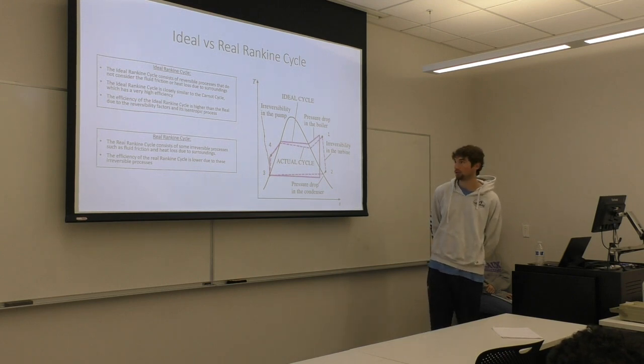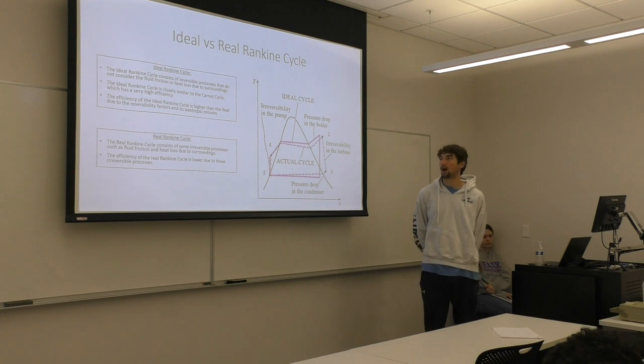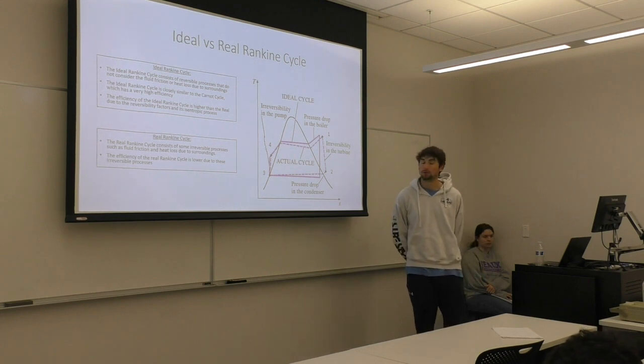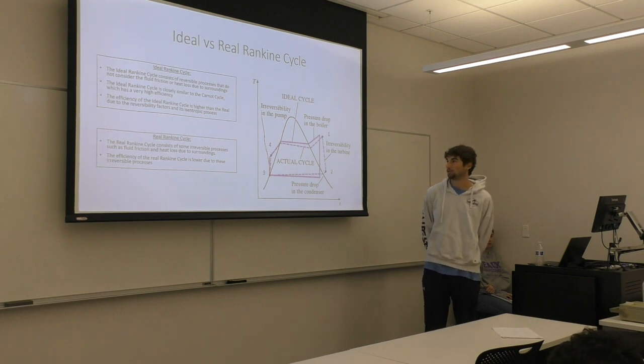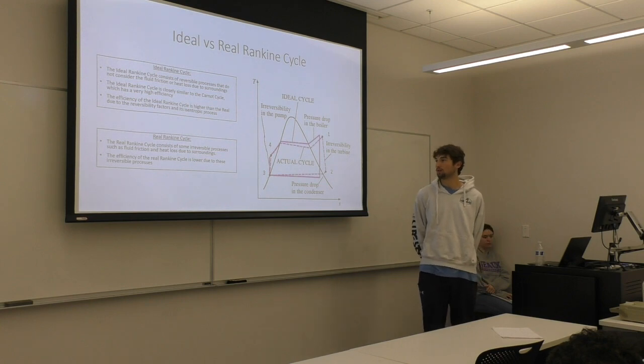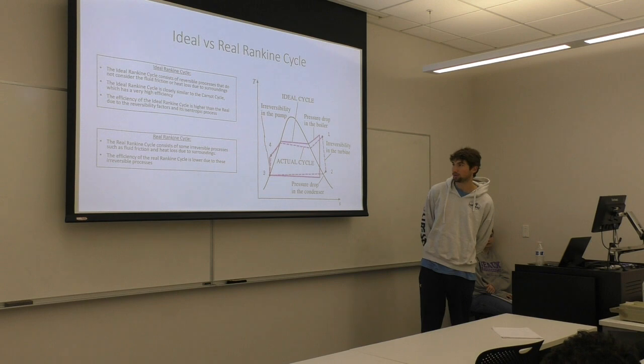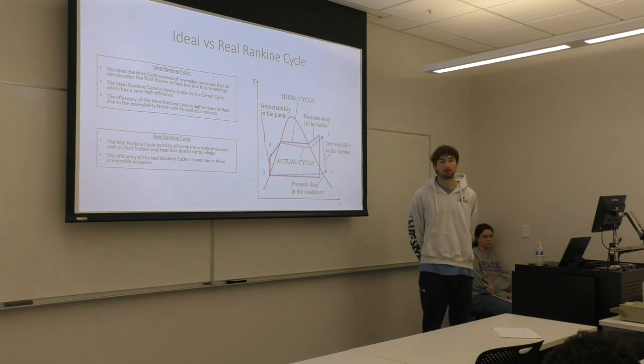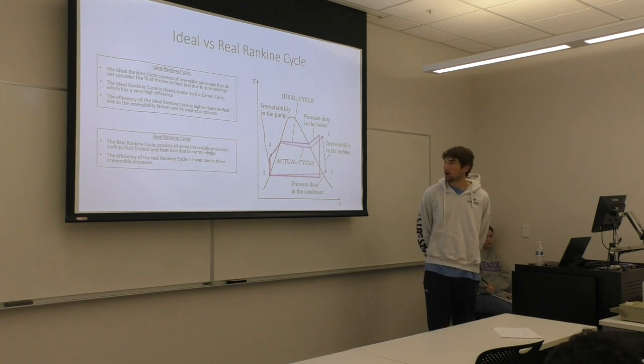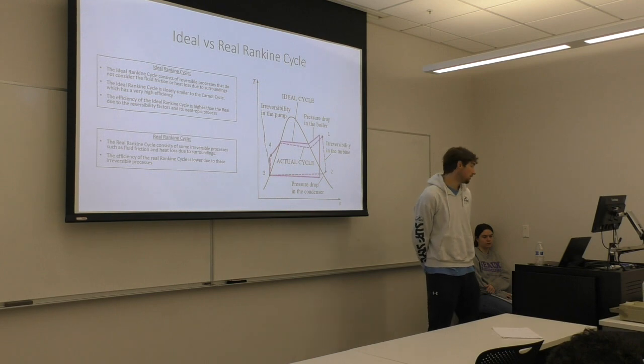That's in a perfect world. So it'll have a higher efficiency due to its isentropic process. But in the real Rankine cycle, you'll have some irreversible processes such as the friction of the fluid, and you'll have heat loss to the surroundings. And so you'll have a little bit lower efficiency.